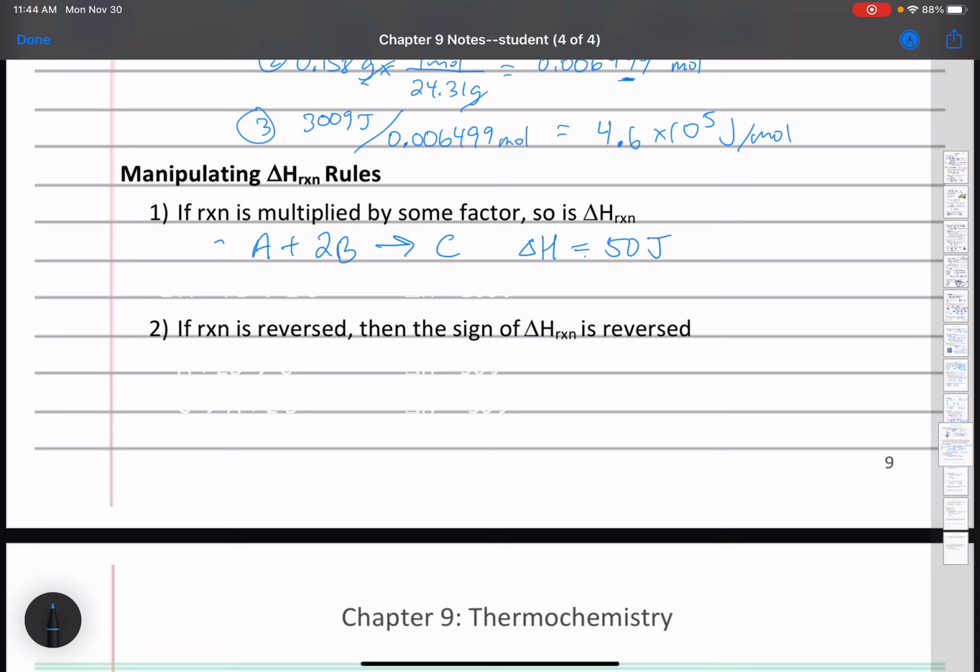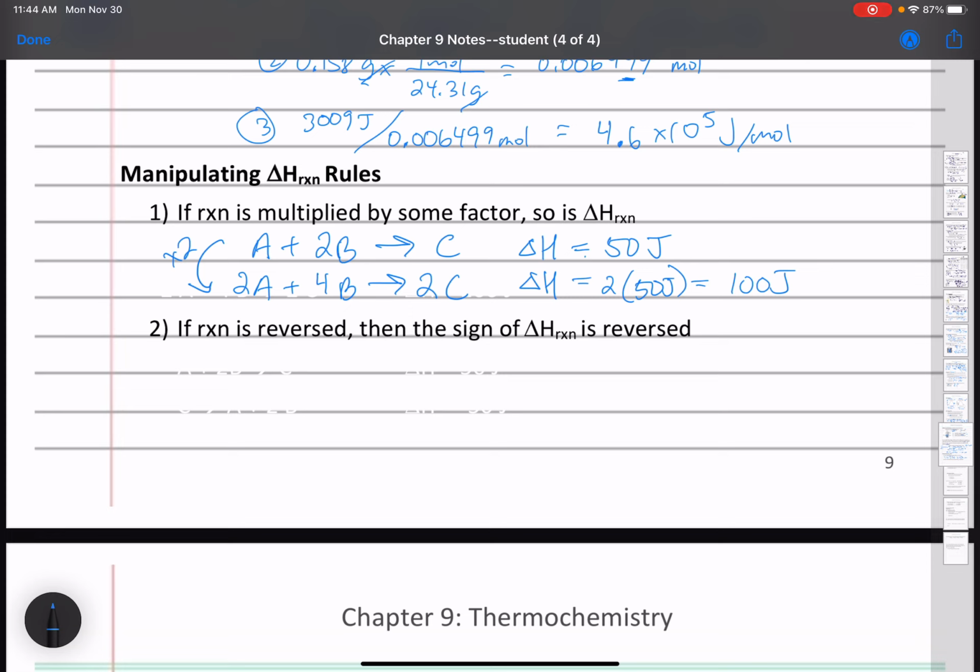So if we were to multiply this reaction times 2, we'd have 2A plus 4B reacts to form 2C, then the heat of reaction for this, as written, is just 2 times 50 joules. So it would be 100 joules. We multiplied the reaction, so we multiply the heat of the reaction.